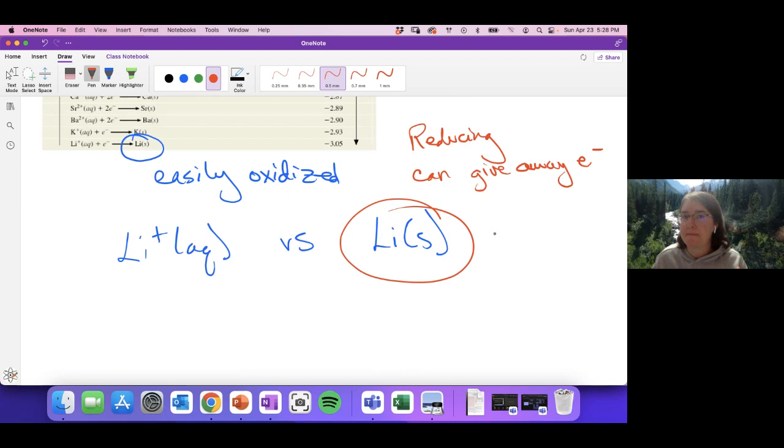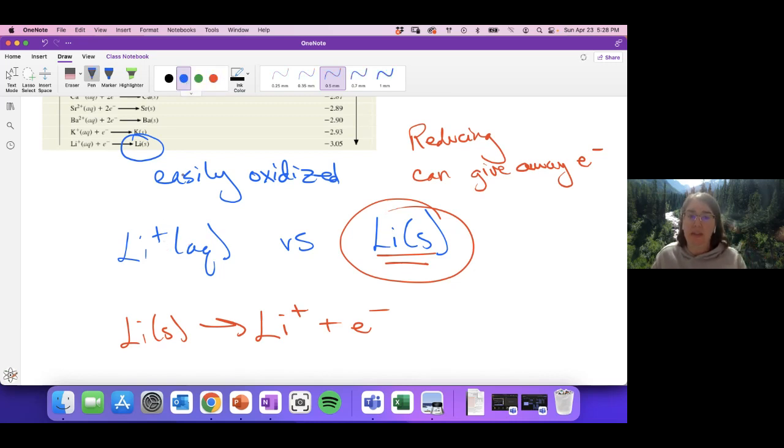Lithium solid can give away electrons. It's currently neutral. We can look at the table and lithium solid can go to lithium plus an electron. So lithium solid can be oxidized. It can give away electrons.